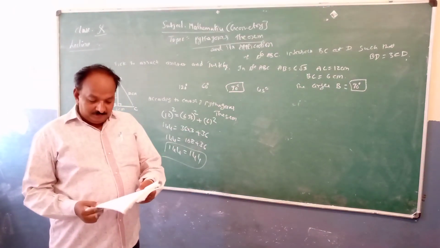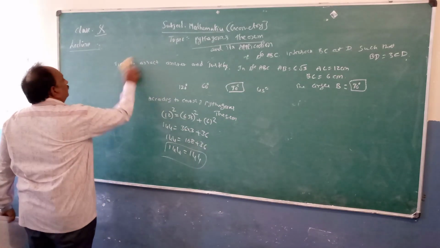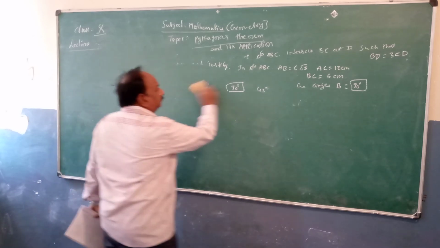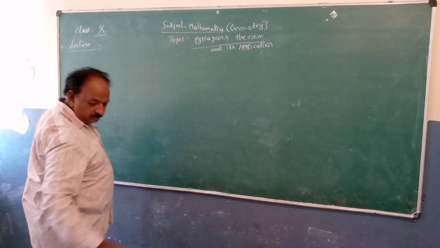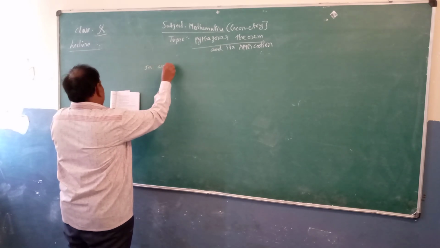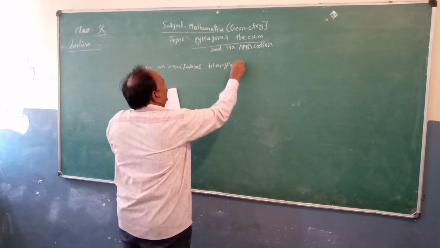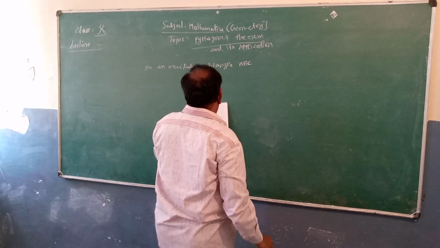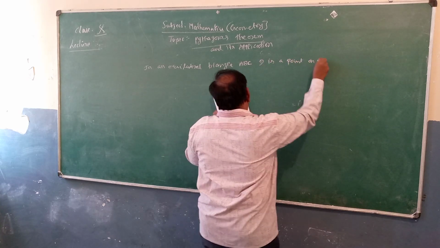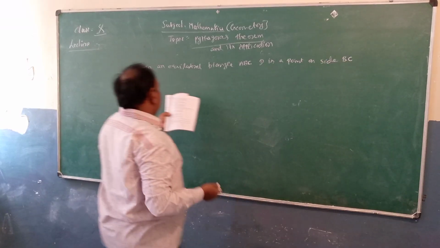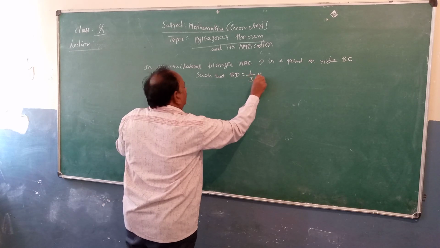Next we'll pass on to one more problem. In an equilateral triangle ABC, D is a point on side BC such that BD is equal to 1 by 3 BC.